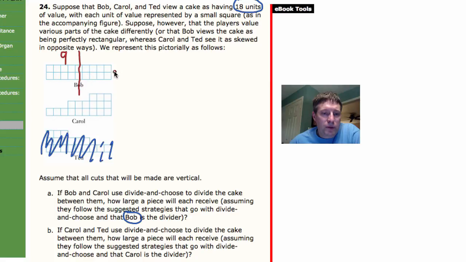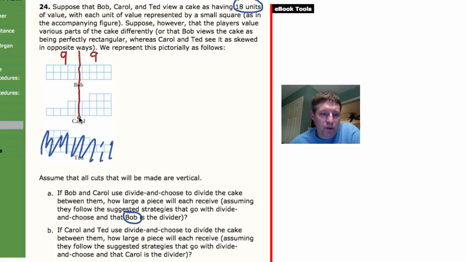And I'll count from this side: 1, 2, 3, 4, 5, 6, 7, 8, and 2 halves makes 9 on this side. So from Bob's perspective, he has cut it perfectly fairly into 9 and 9. However, this is the same cut.